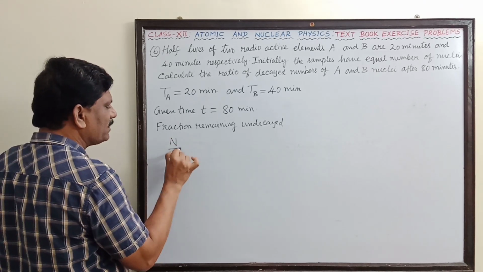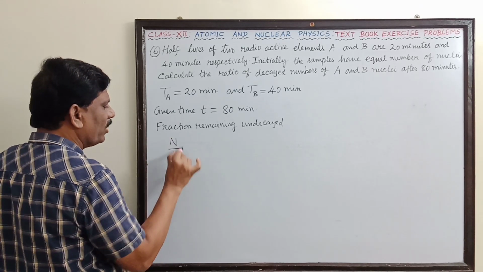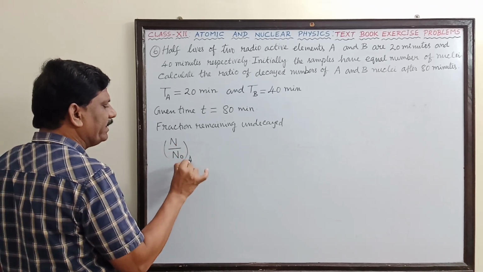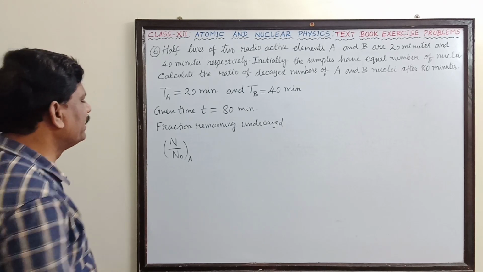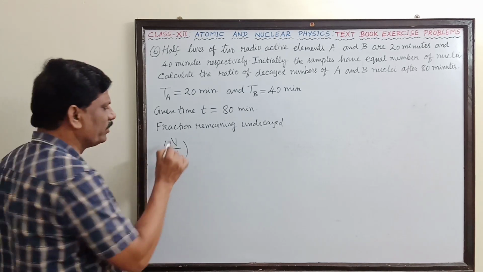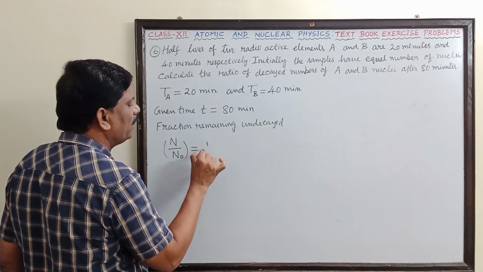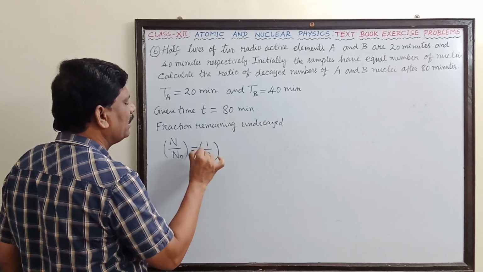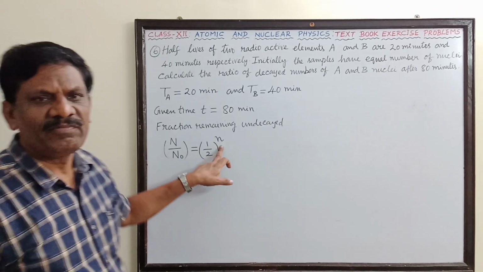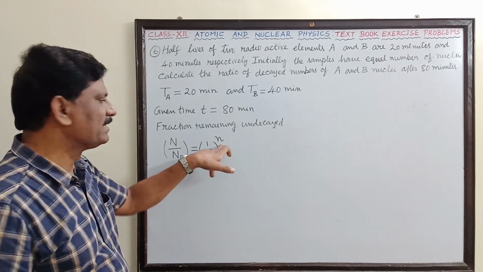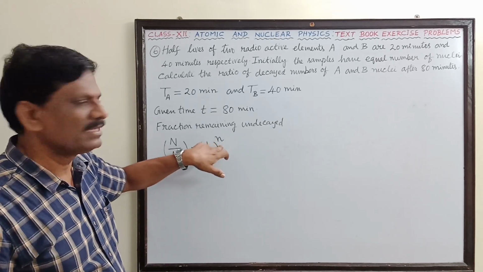Number of atoms N by N naught. Understand? For the element, in general, I will write the expression first. So N by N0 is equal to (1/2) power n, where n is the number of half-lives.